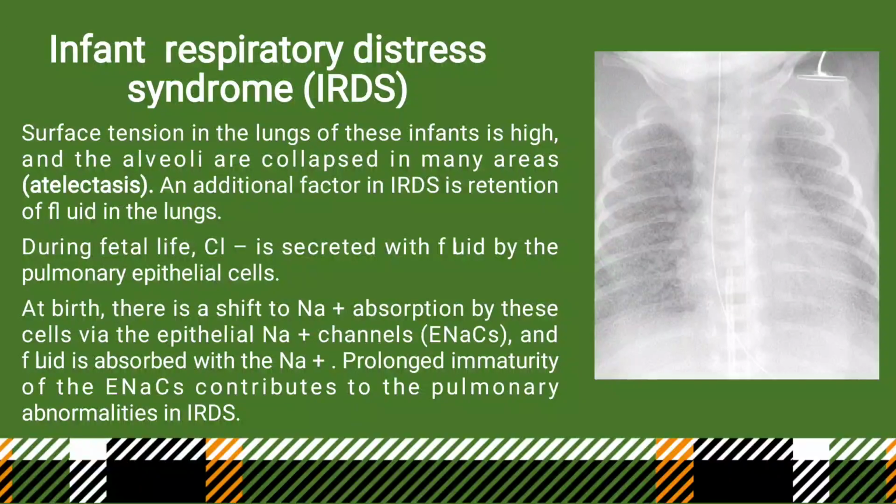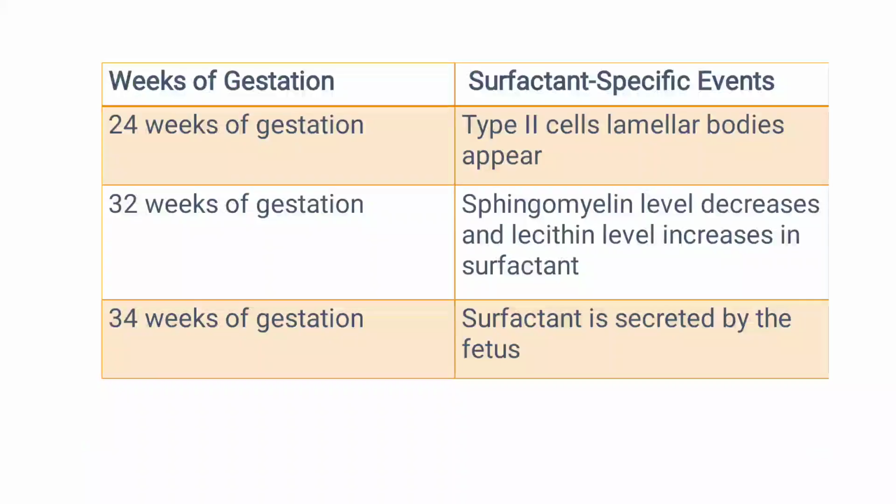In the case of a premature baby, these epithelial sodium channels will also be immature, and they cannot absorb the sodium and the fluid, so that will also prevent the expansion of the alveoli. You can see on the right hand side, the lung has no air, it is totally white. This is the atelectatic lung of IRDS babies.